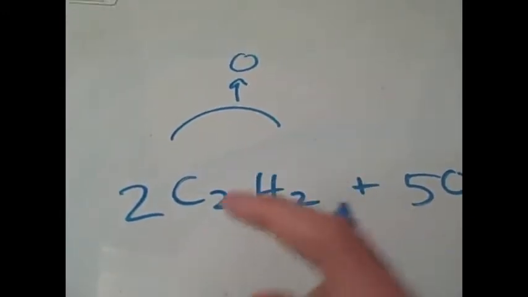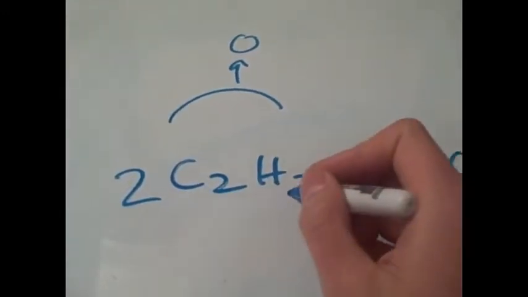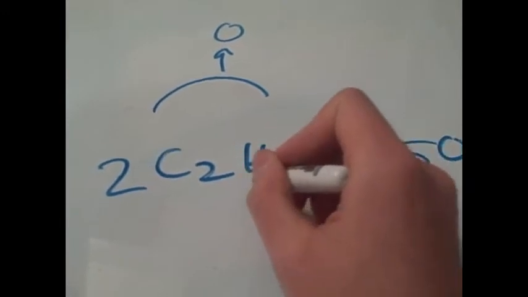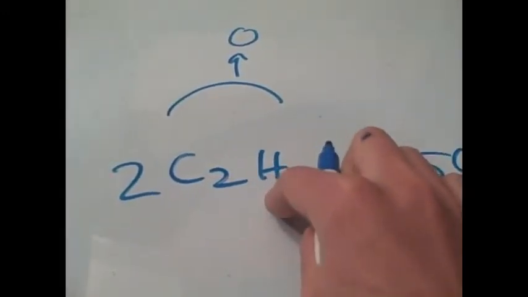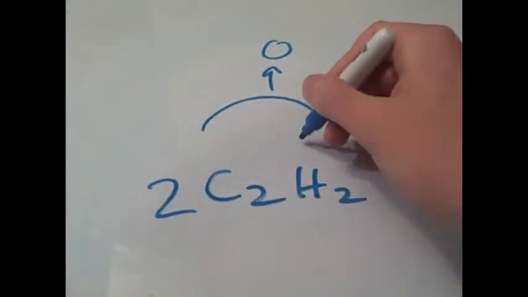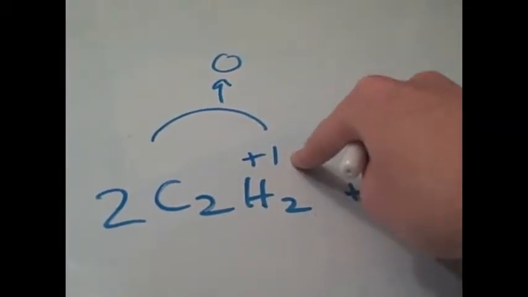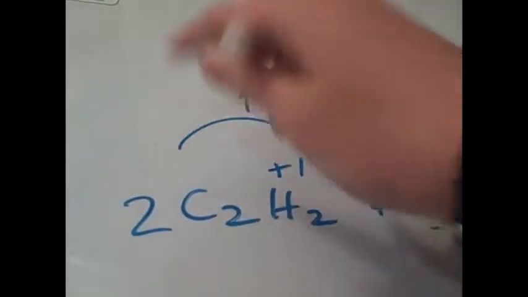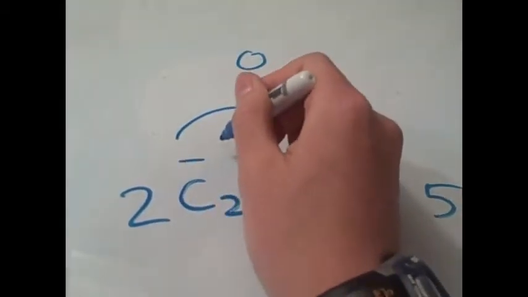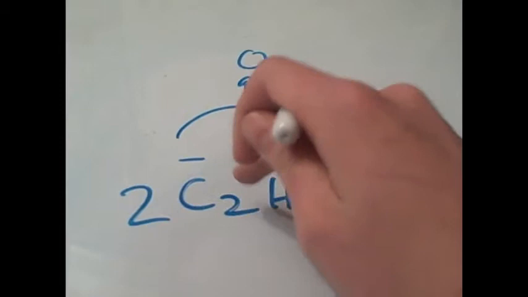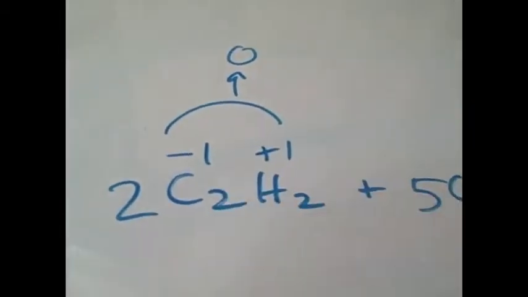So if all of them equal 0, in the rules, hydrogen is usually +1. Hydrogen is +1 and there's 2 of them, so that's +2, and to make it 0, the carbon total has to be -2. Divided by 2, that's -1 for each carbon atom.